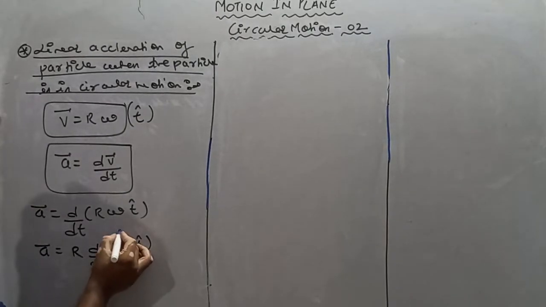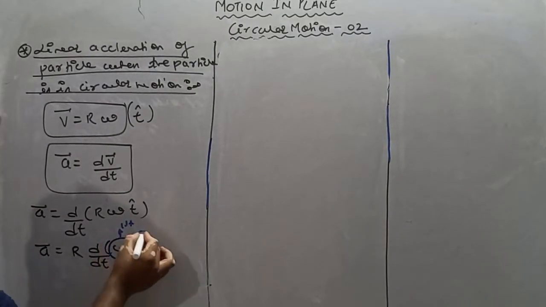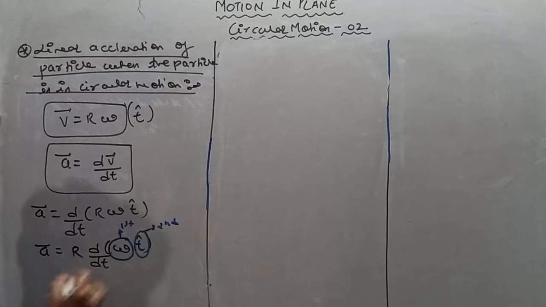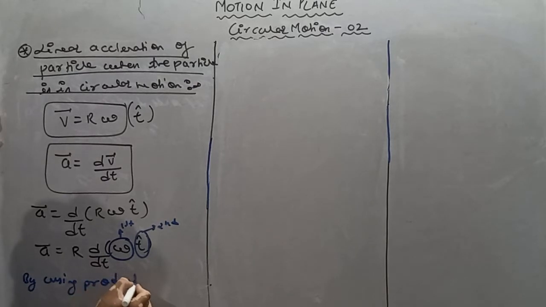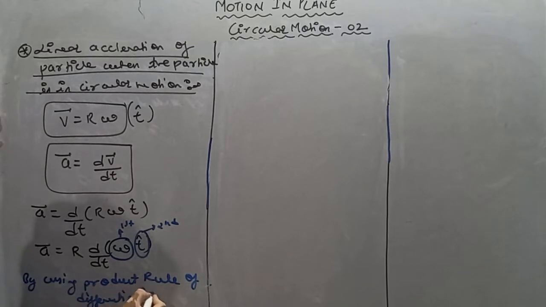Omega is our first function and t cap is considered the second function. I'll write here by using the product rule of differentiation.